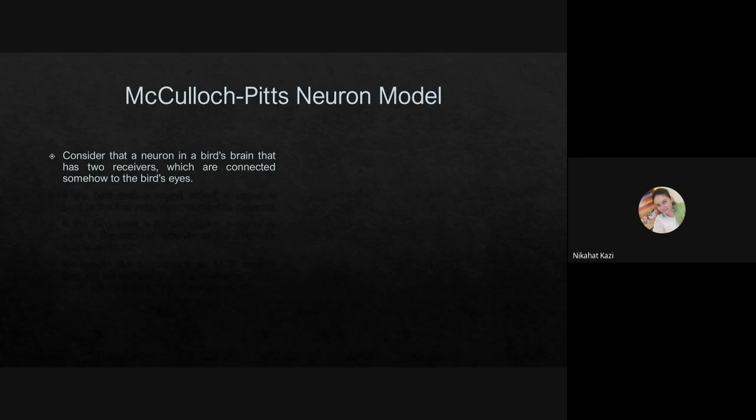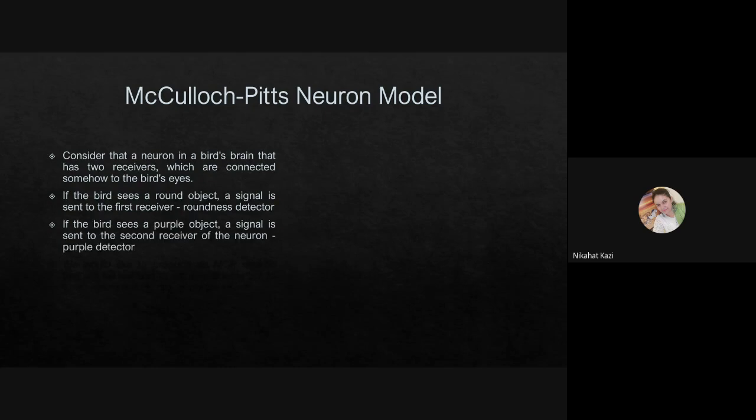Consider that a neuron in a bird's brain has two receivers, and somehow these receivers are connected to the bird's eyes. If the bird sees a round object, a signal is sent to the first receiver, which is the roundness detector. And if the bird sees a purple object, a signal is sent to the second receiver, which is the purple detector.